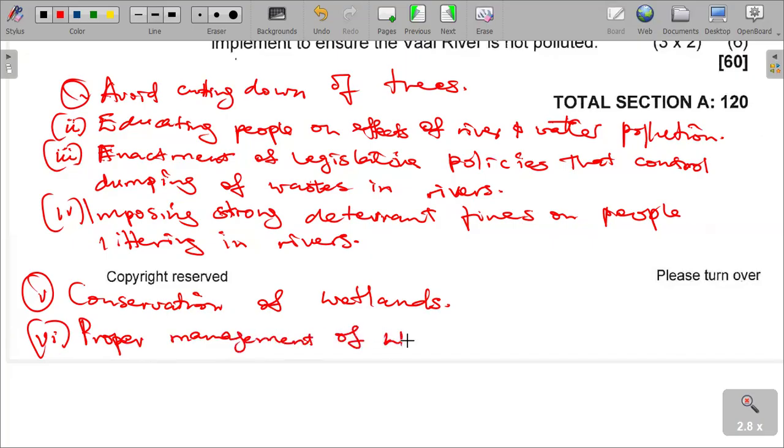Proper management of wild forest around and near rivers.